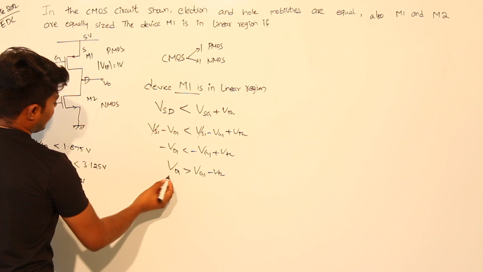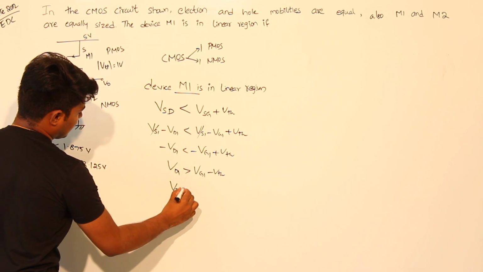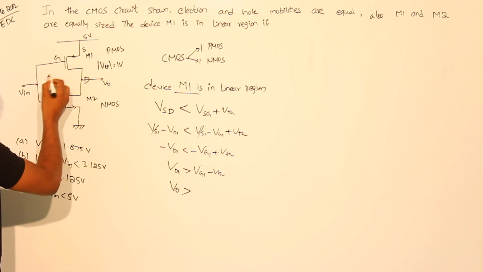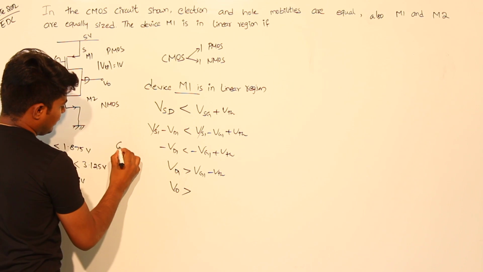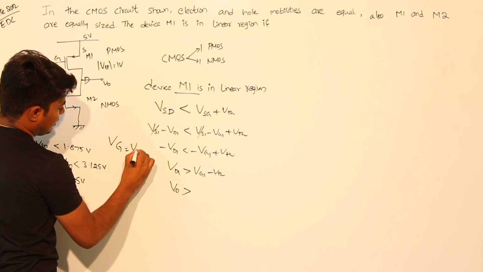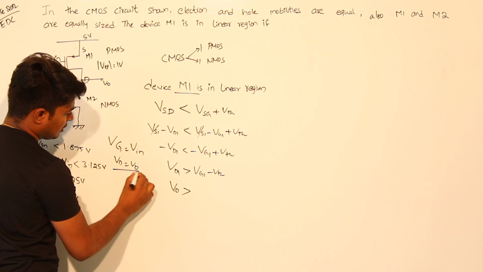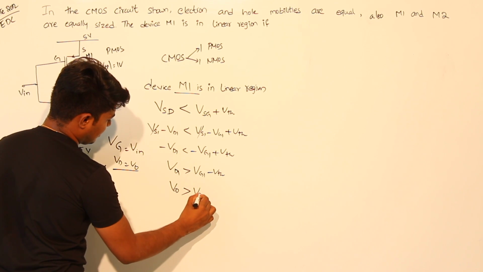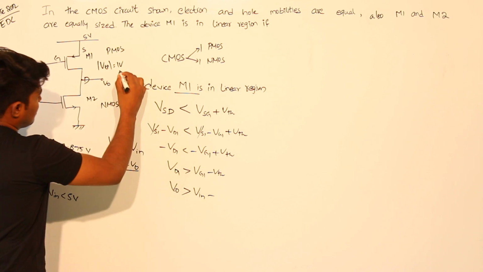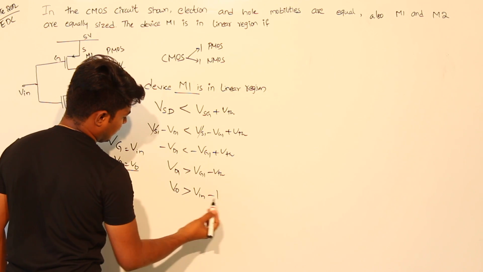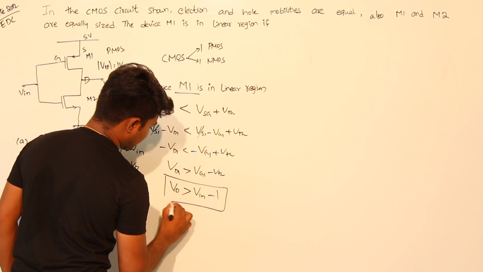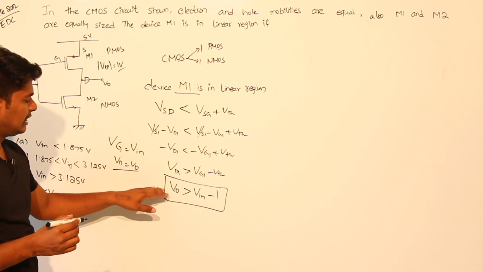So in place of VD1 you can write V0 greater than VG. The gate is nothing but V in, and VD is nothing but V0, V out. So replace VG1 by V in minus VTH, given as 1 volt. So this is the condition for M1 to be in linear region.